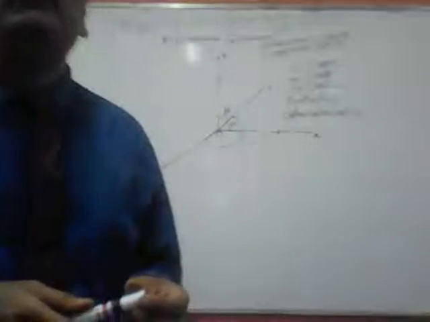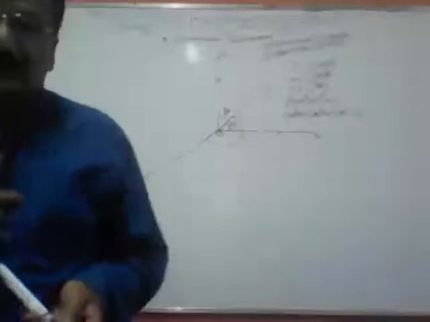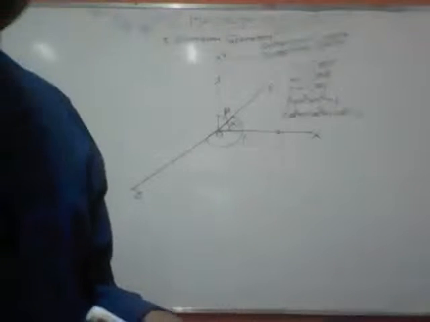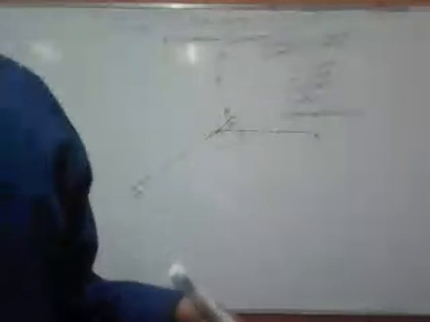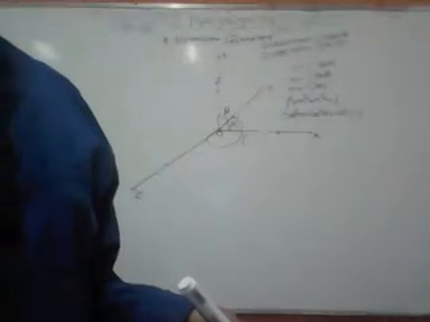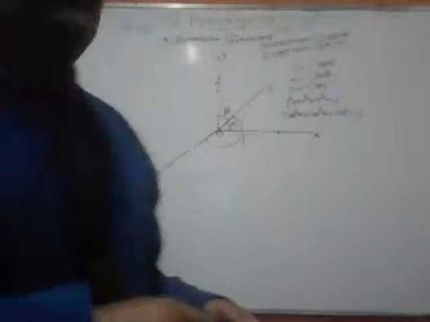Now, what will be the direction ratio? Let small a, b, c be proportional to the direction cosines L, M, and N, then a, b, c are called the direction ratios.